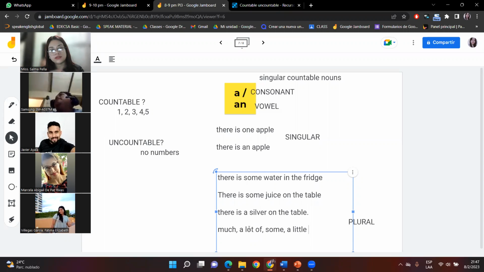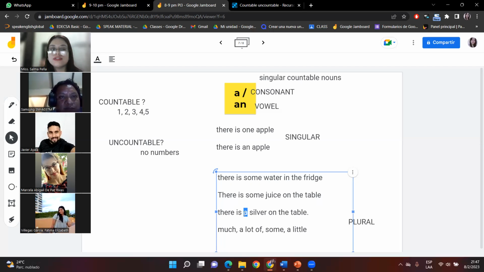All of those options we can use. There is much silver on the table. There is a lot of silver on the table. There is some silver on the table. Or there is a little silver on the table. But to say there is a silver on the table, no, we cannot use it.